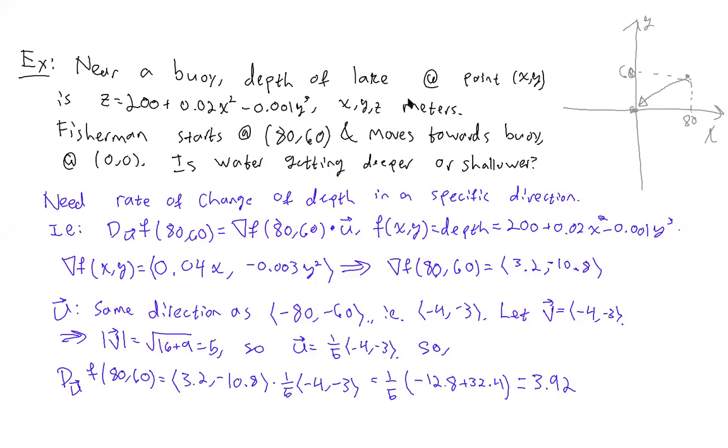It's actually getting deeper in this case. So the depth is increasing, which means that we're getting deeper as this fisherman is going towards the buoy, since this is a positive number.